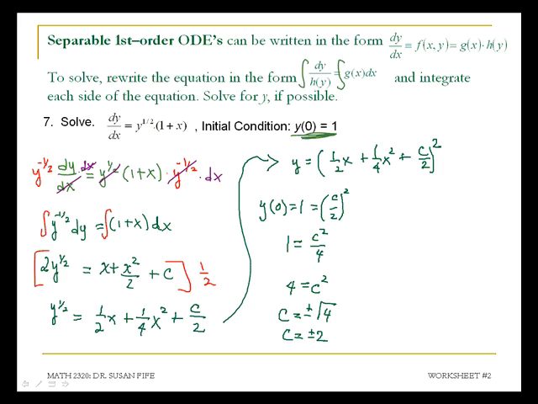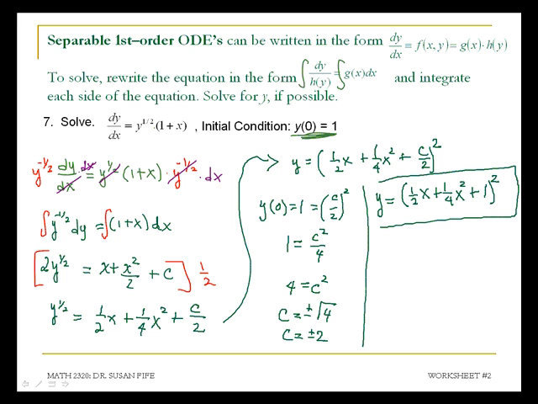But I'm going to choose a positive value and substitute it into this equation to get y equals 1/2 x plus 1/4 x squared plus c as 2, 2 over 2 is 1, squared. And that's my solution.